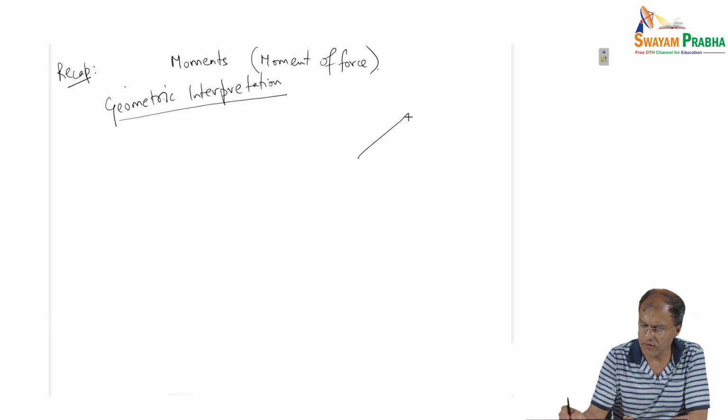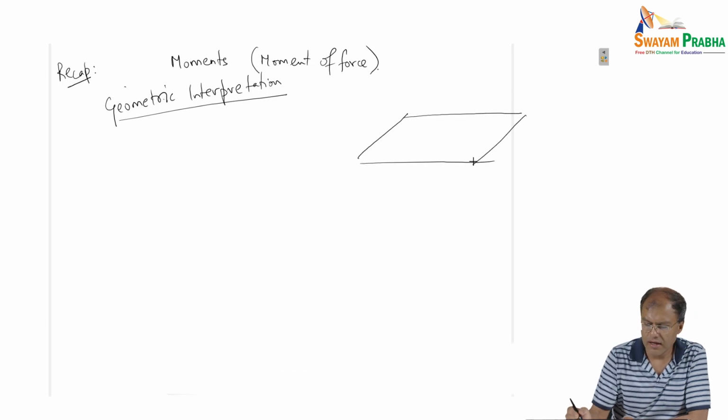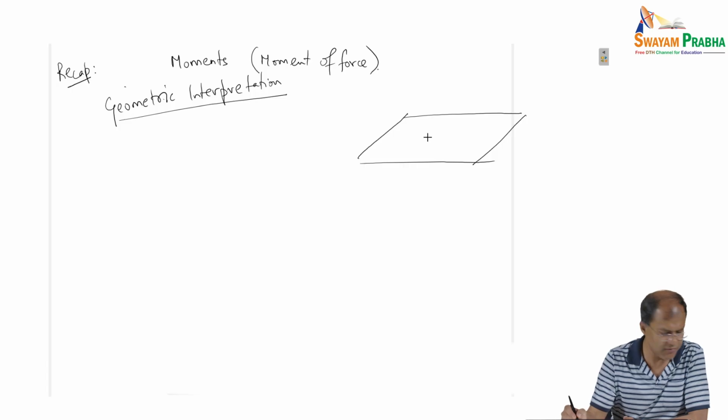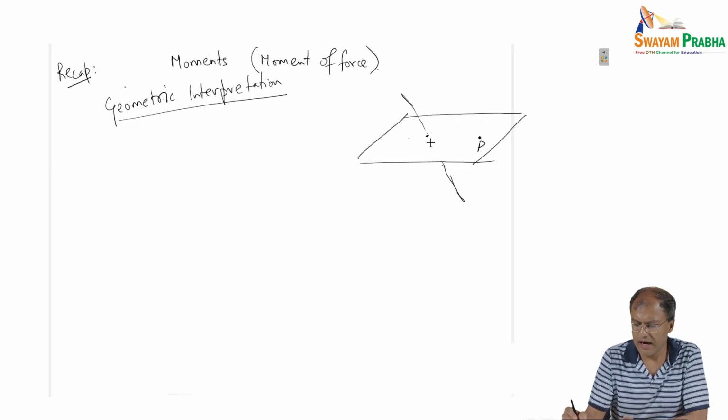What we saw was that suppose we have a particle P on which we have to find the moment, and let's say we have an axis, let us name it CD.